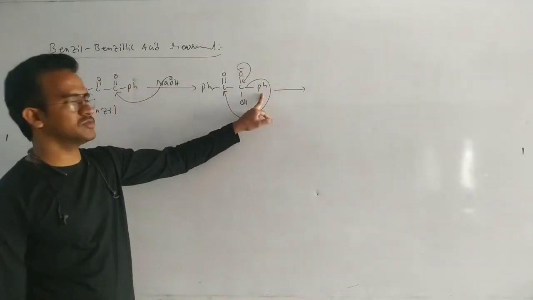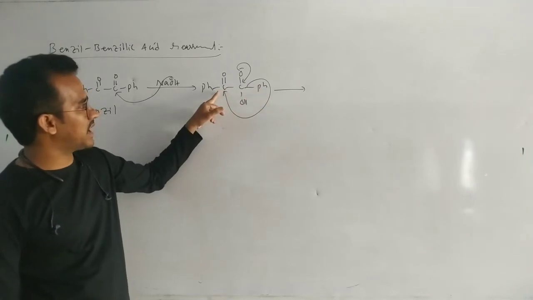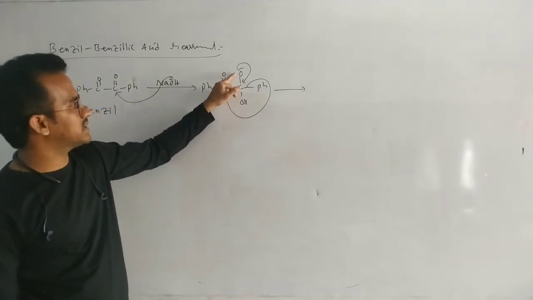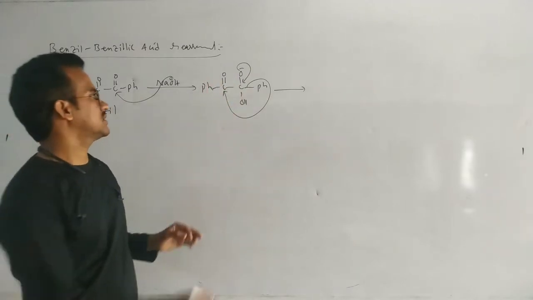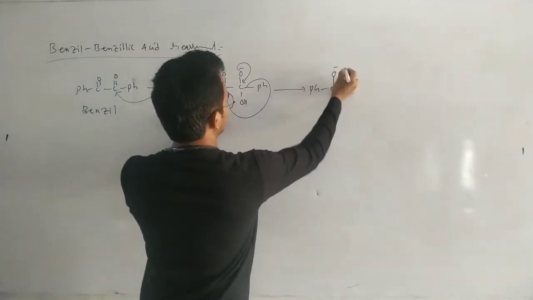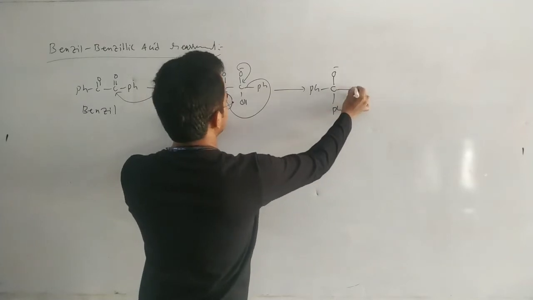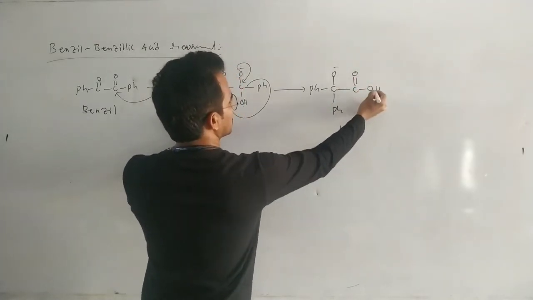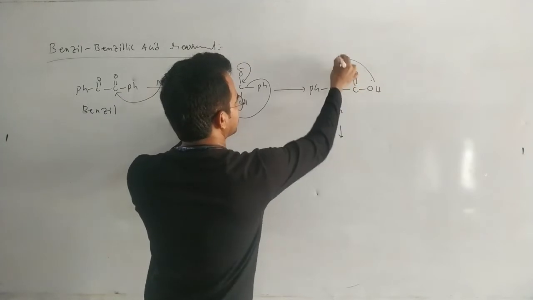By transfer of Ph minus, it attacks on this C plus, and the O minus forms the pi bond, and these pi electrons are transferred. So your product is Ph, O minus here, Ph here, double bond O, here OH. Now the proton transfer takes place.